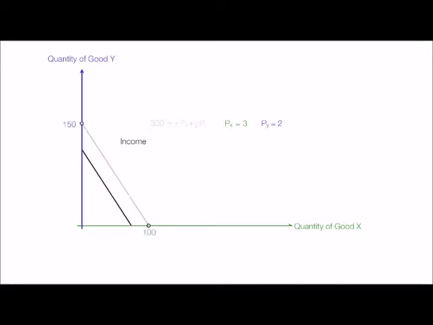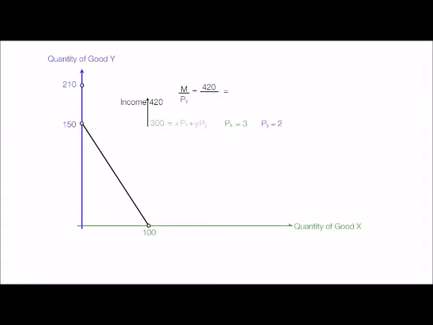On the other hand, if income rises or goes up, let's say it goes up to 420. So I take income divided by the price of Y. So I take 420 divided by 2. Now the consumer can consume a quantity of 210 of Y, or that point right there.